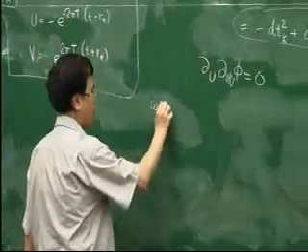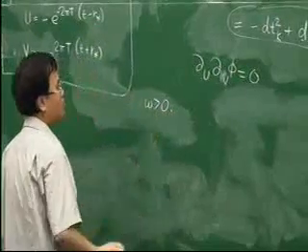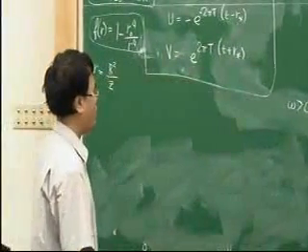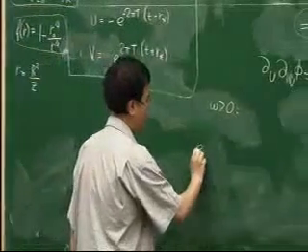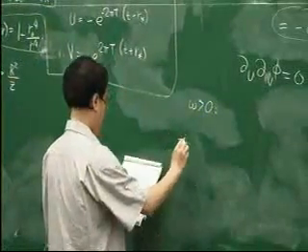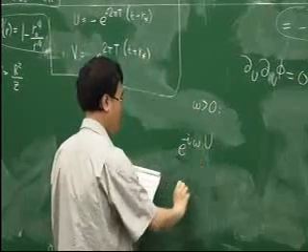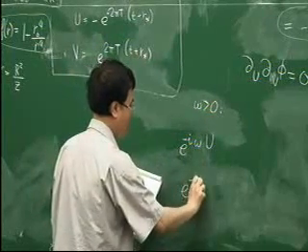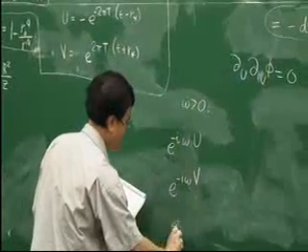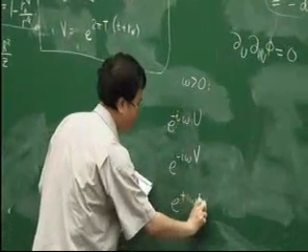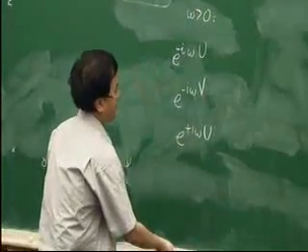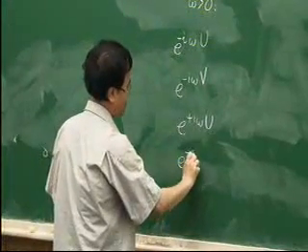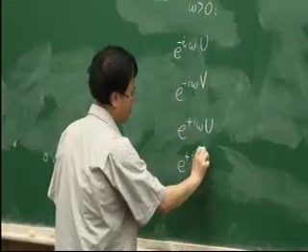Suppose I have a frequency omega that is bigger than 0. Then I can write down 4 possible solutions: e to the minus i omega u, e to the minus i omega v, e to the plus i omega u, e to the plus i omega v.